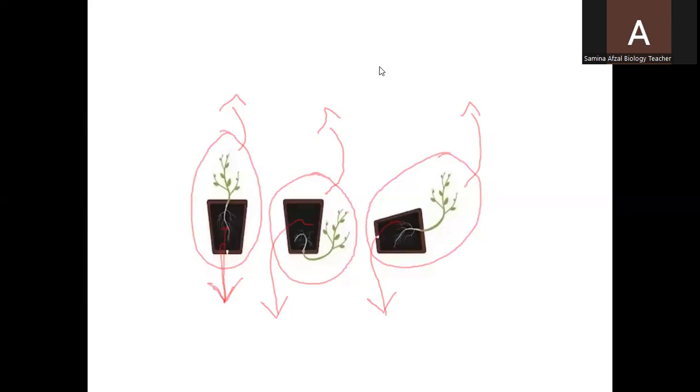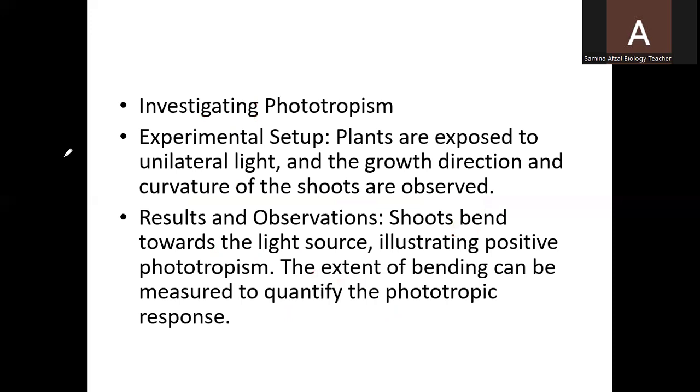The next investigation is about phototropism. Again, the experimental setup: plants are exposed to unilateral light and the growth direction and curvature of the shoots are observed. So that was the setup for the experiment.